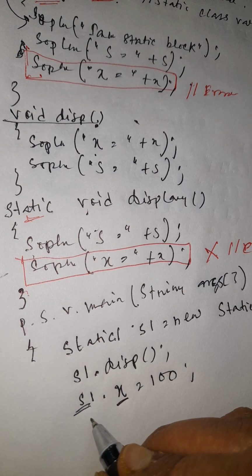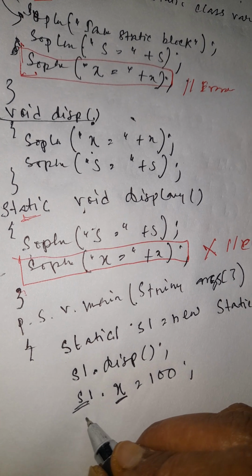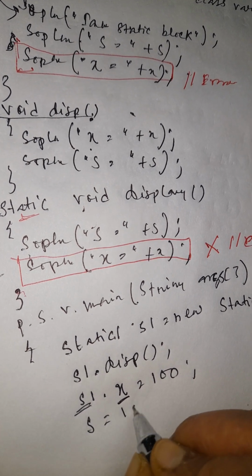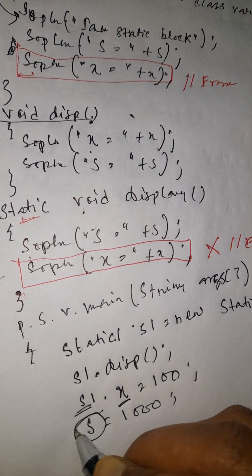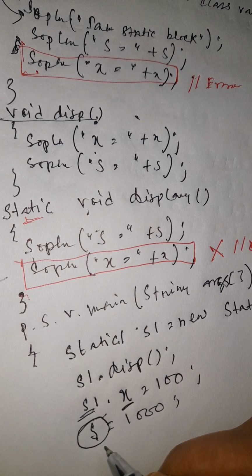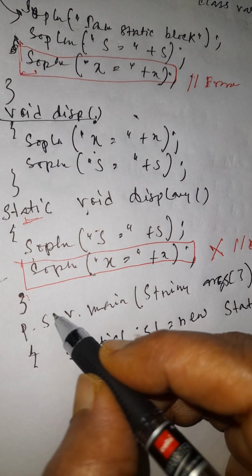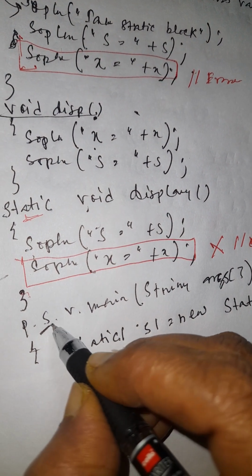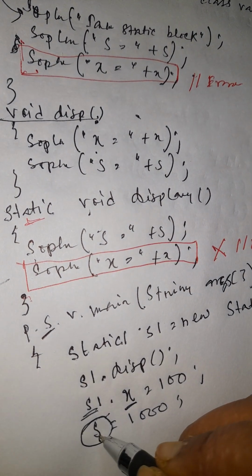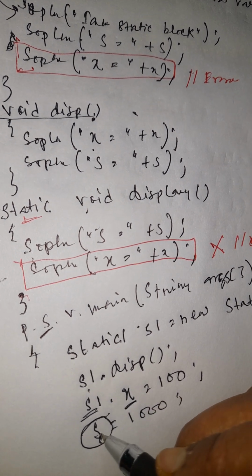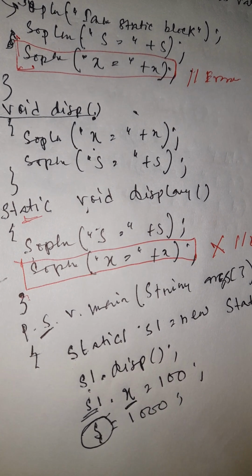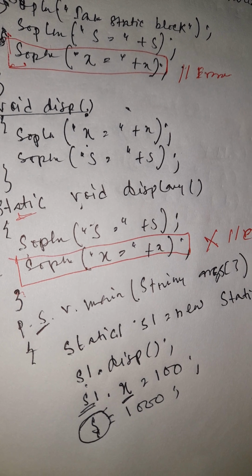Now if you want to assign some value to the static member, then s equal to 1000 is possible, because s is a static variable. So static member you can access within the static method, because main is also a static method, so no need to put the object. Why? Static member is the class member. So this one is a common space.